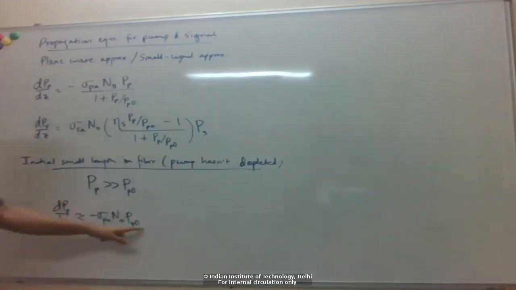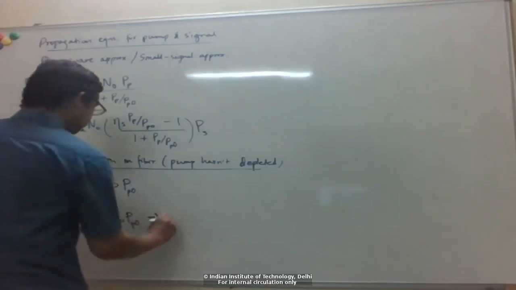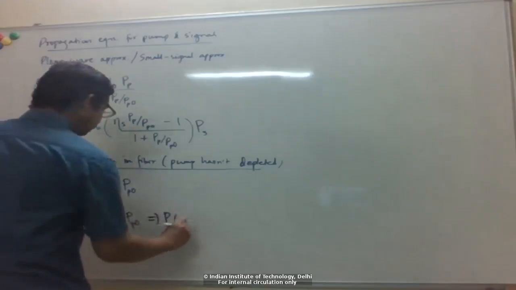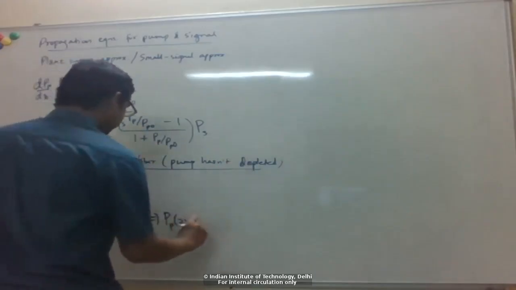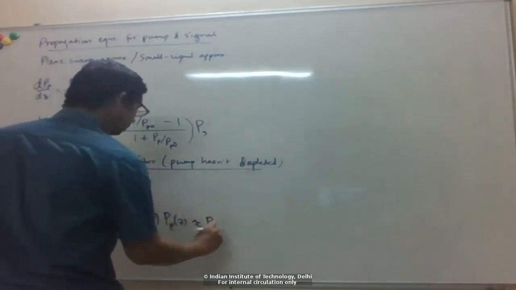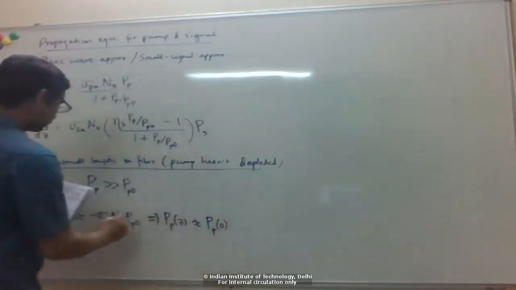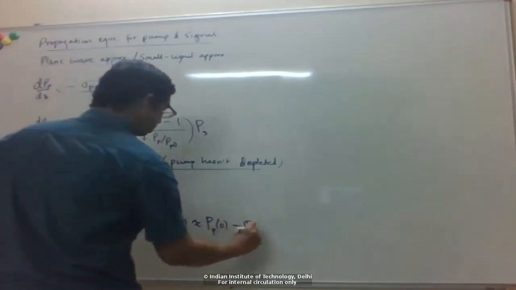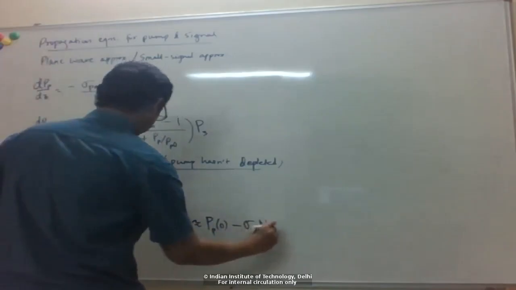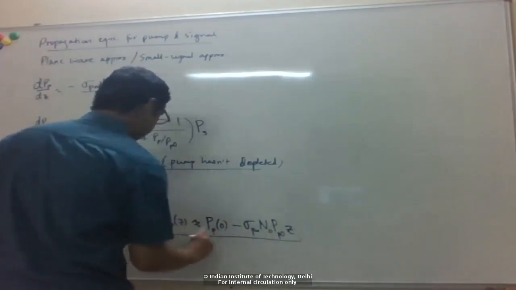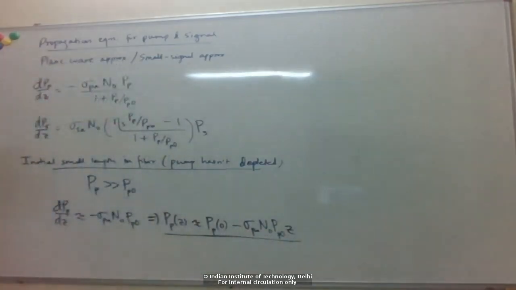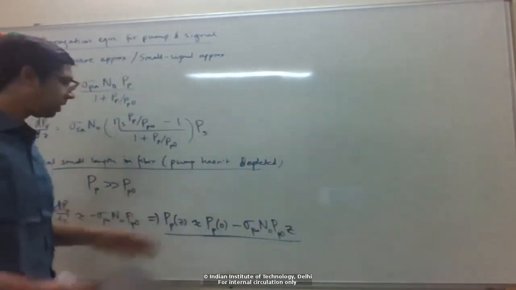Now this is a constant on the right hand side, all these numbers are constants. So you can see that the pump power as a function of length in the initial part of the fiber is just decaying linearly. We just integrate, and PP at 0 is the input pump power that is launched.